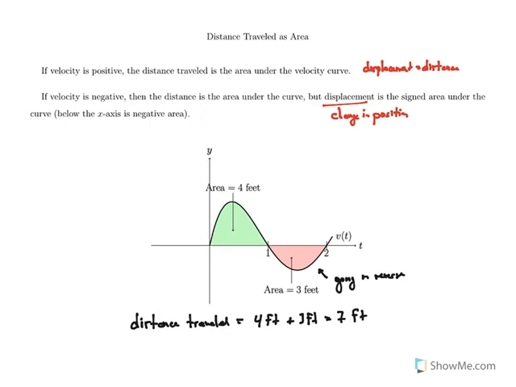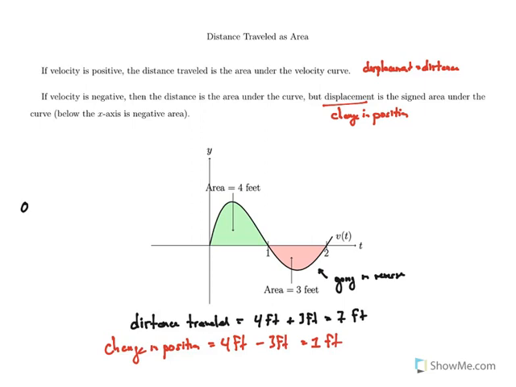That's the area, the distance underneath the first chunk, plus the area of the second chunk. If we think about the change in position, then that is going to be 4 feet minus 3 feet. We've only gone 1 foot total.